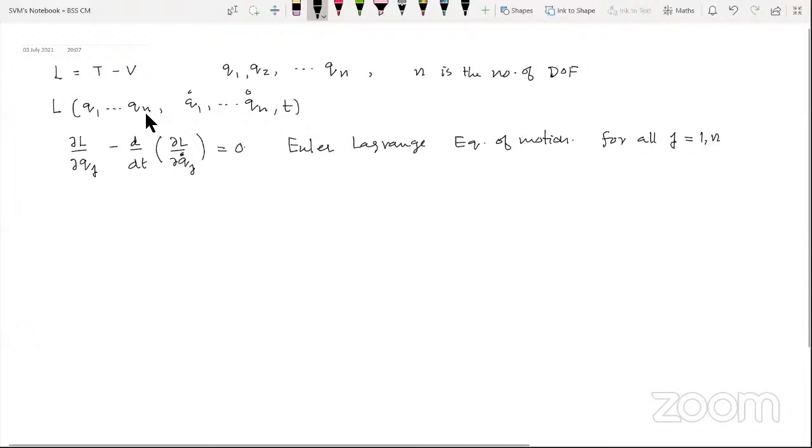Maybe I will first discuss one problem which is of large interest, and mechanics usually started with this problem: the central force problem.